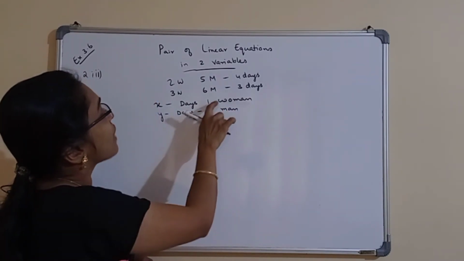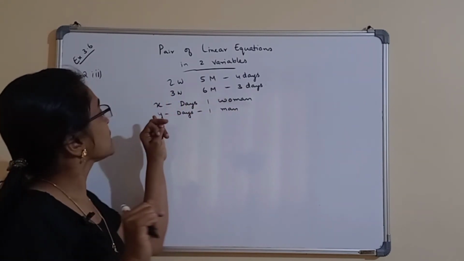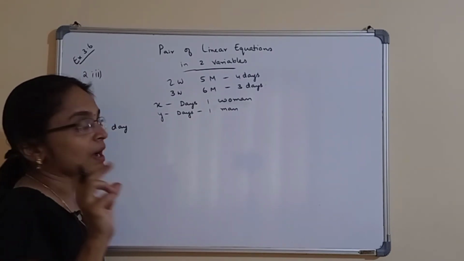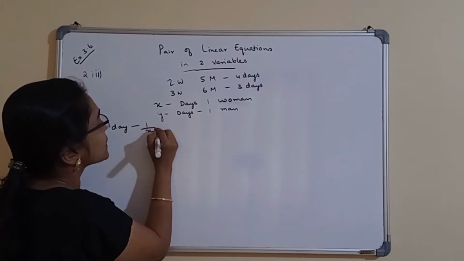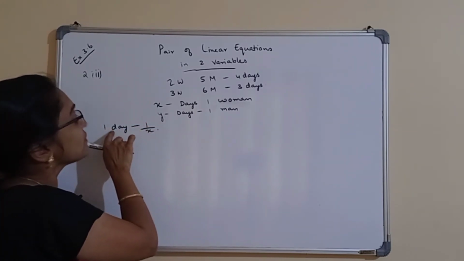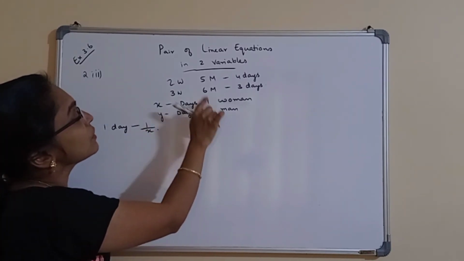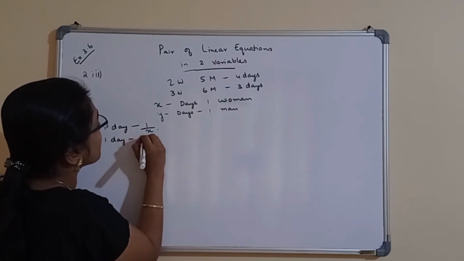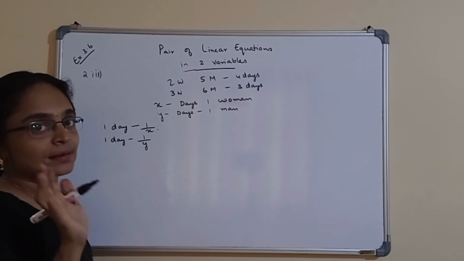Okay, so one woman will finish the work in x days and one man will finish the work in y days. So in one day, how much work will be completed by one woman? 1 by x of the work will be completed, right? That is, in one day, 1 by x of the work will be completed by one woman, and in one day, 1 by y of the work will be completed by one man, right?